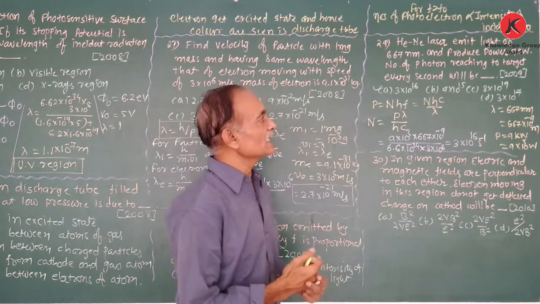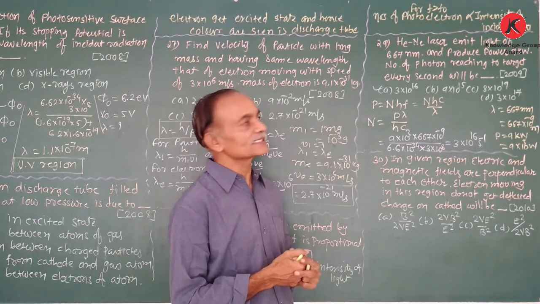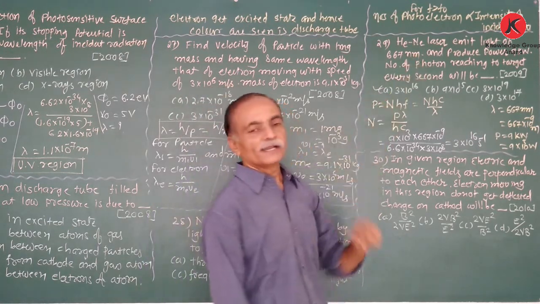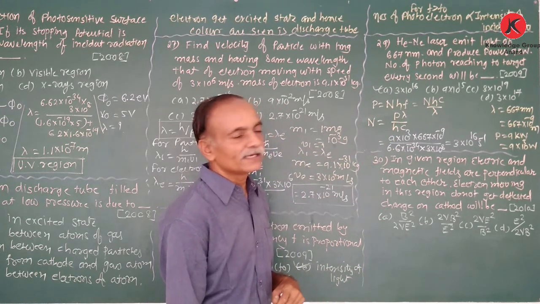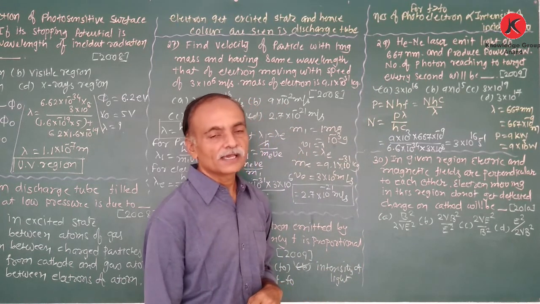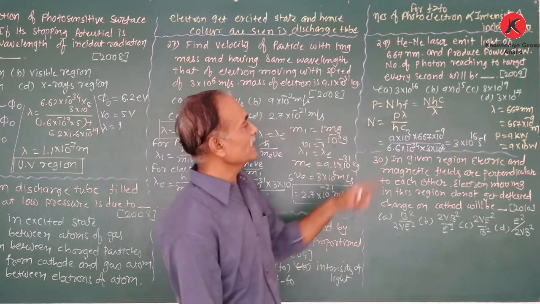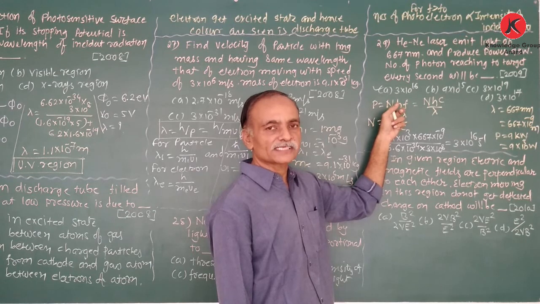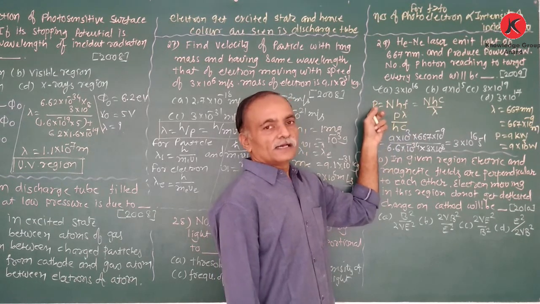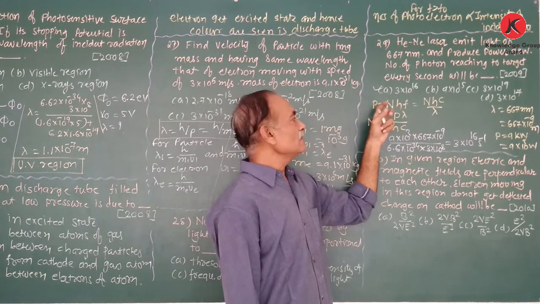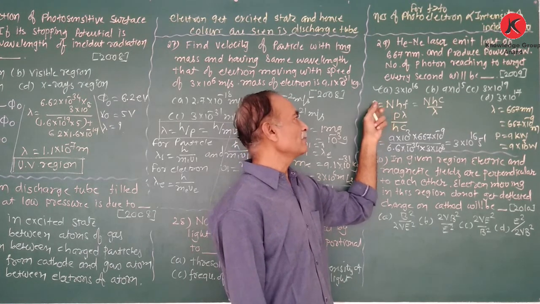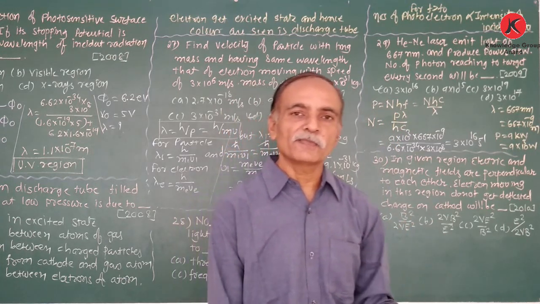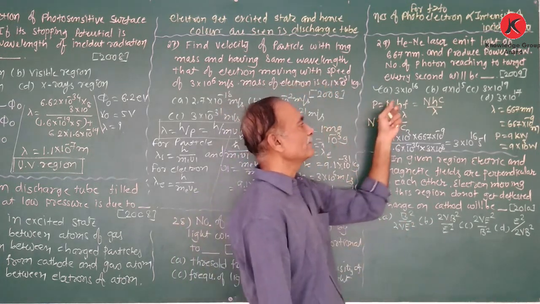Again, a helium neon laser emits light of 667 nanometer and produces a power of 9 kilowatt. The number of photons reaching the target every second will be? We know that the power P is equal to NHf, where N is the number of photons. Here, energy per unit time incident is known as the power. Capital N is the number of photons incident in unit time.